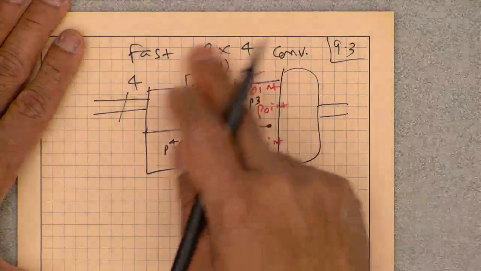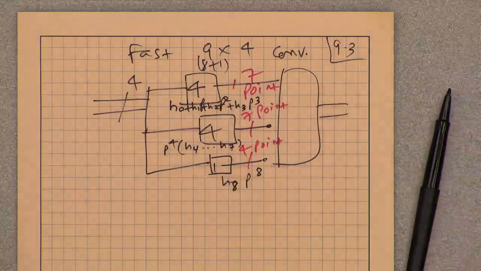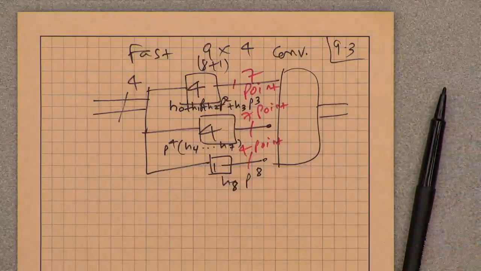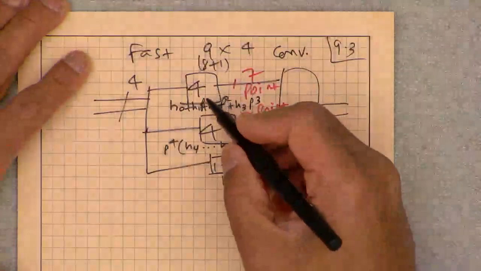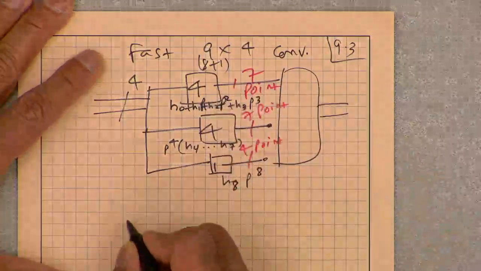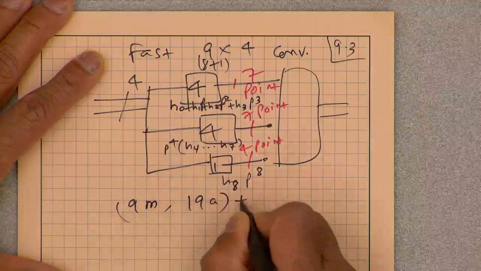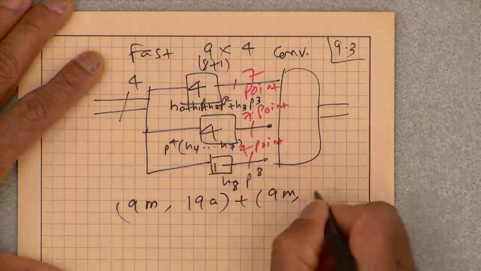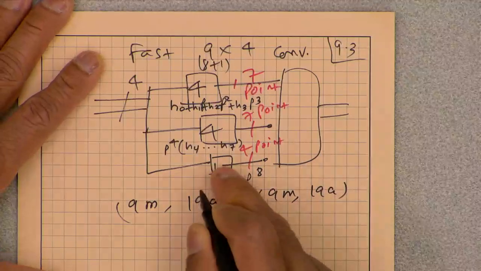So now this 4 by 4 convolution can be done with, if I recall correctly, 9 multiplications, 19 add operations. So we can finish this 9 multiplications, 19 add, plus 9 multiplications and 19 add, plus 4 multiplications here.